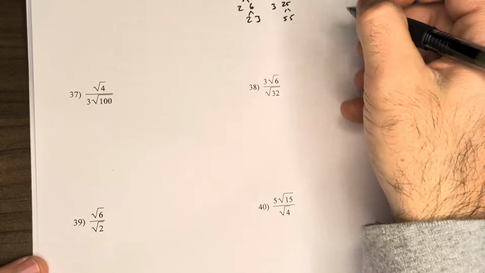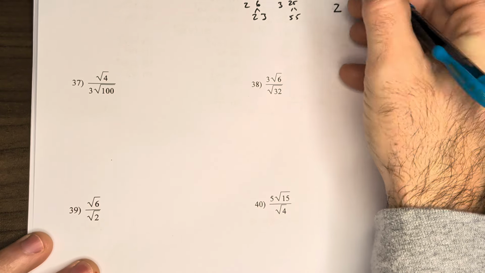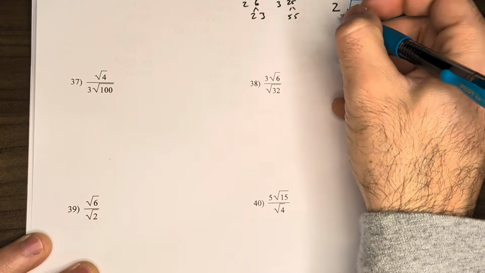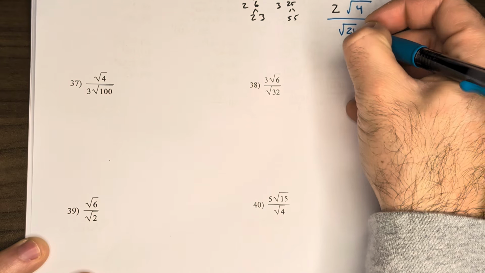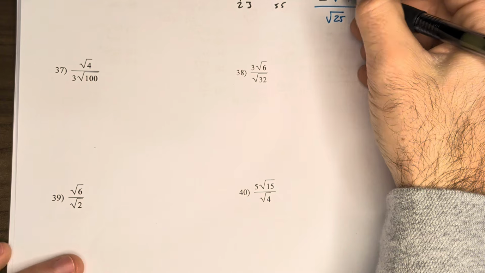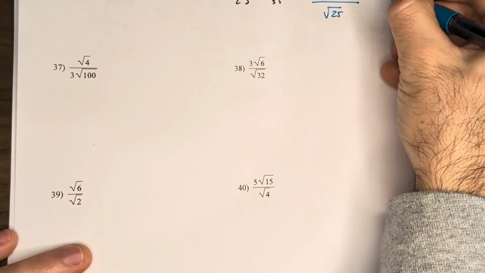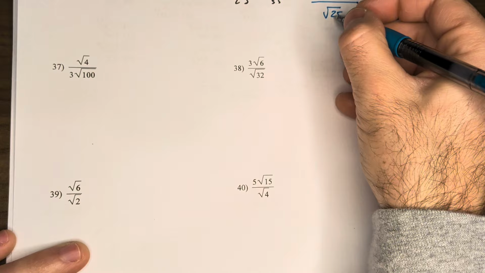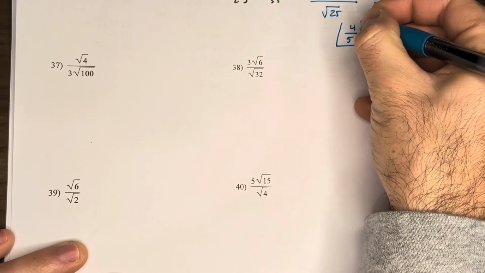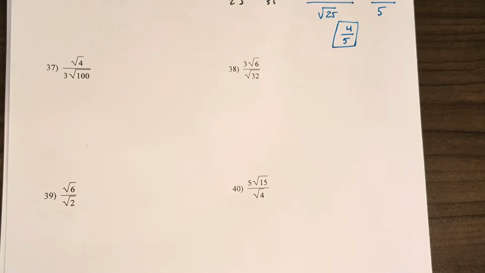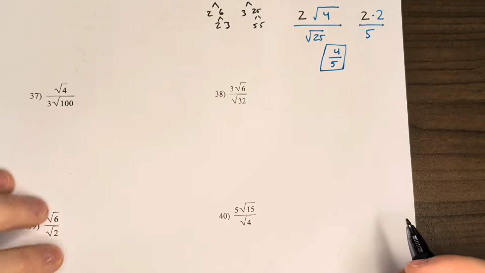If I do this one more time, I get 2 times radical 2 times radical 2, which is radical 4, over radical 5 times radical 5, which is radical 25. I know radical 4 is 2, so it's going to be 2 times 2 over radical 25, which is 5. The final answer is going to be 4 over 5. And that's it for number 36.